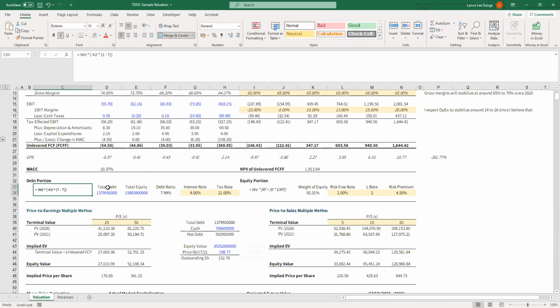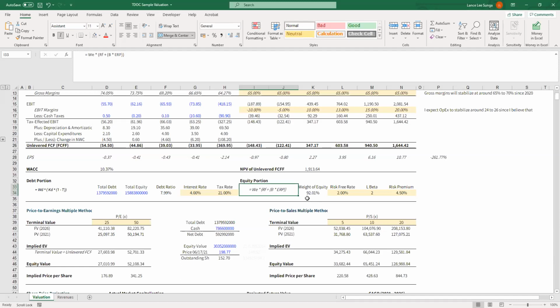So for debt, it's the debt ratio, which is the weight of debt, times the interest rate, which is the interest rate of the company's bonds or debt, right? So that's your cost of debt, and then the tax rate. So the formula's here, right? And then you just plug it in right here.